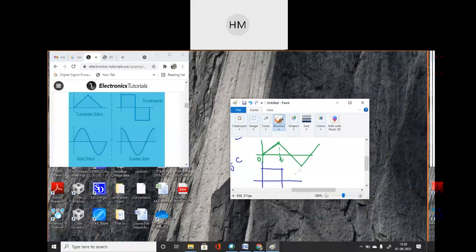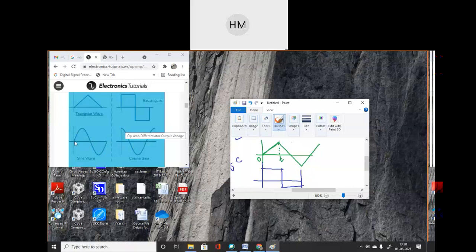So this kind of wave you will get at the output. Is it clear? So this is the output waveform of the differentiator circuit. So the derivative of a triangular wave is a square wave. Okay, you can see all the things over here. This is a sine wave, this is a cosine wave starting from 90 degrees.